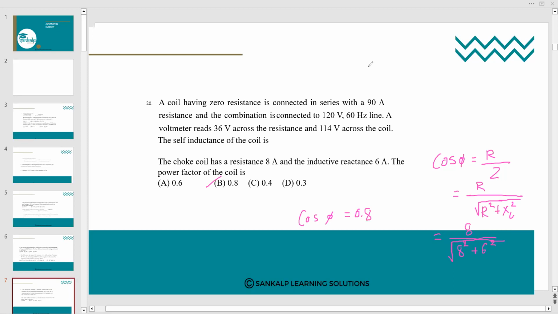You just need to calculate the power factor, cos phi, which is R divided by Z. Okay, so let us go for the next question.